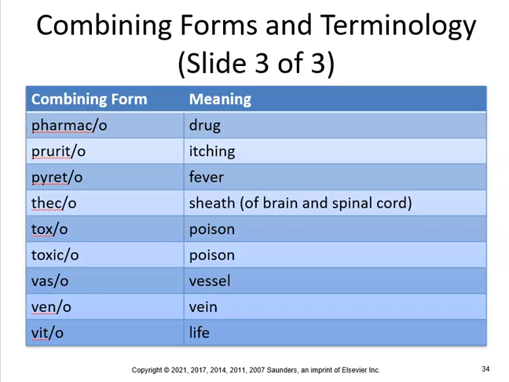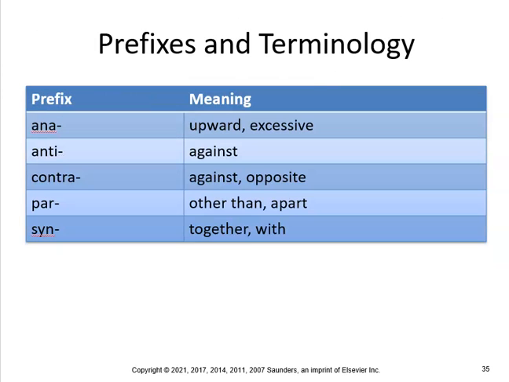Vaso is a vessel, so vasodilation, vasoconstriction. Ven is vein, so intravenous, pertaining to within a vein. Vita is life, so vitamin, a substance in foods essential to life. Ana, meaning upward or excessive.